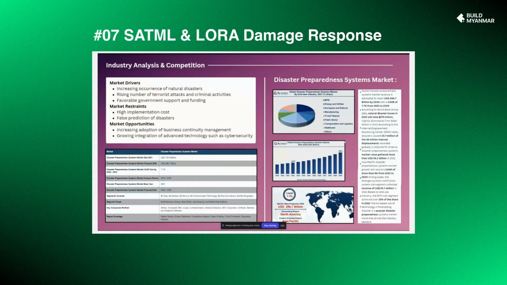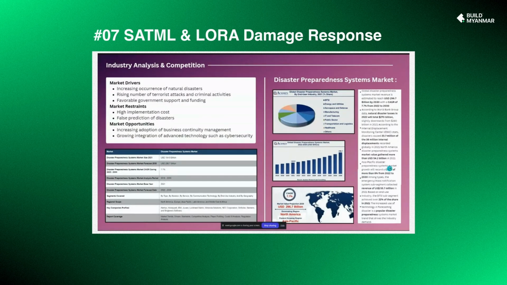So we have established our whole model on these features. The current market drivers are an increased occurrence of natural disasters like floods, and various government supports for funding for these very reasons.